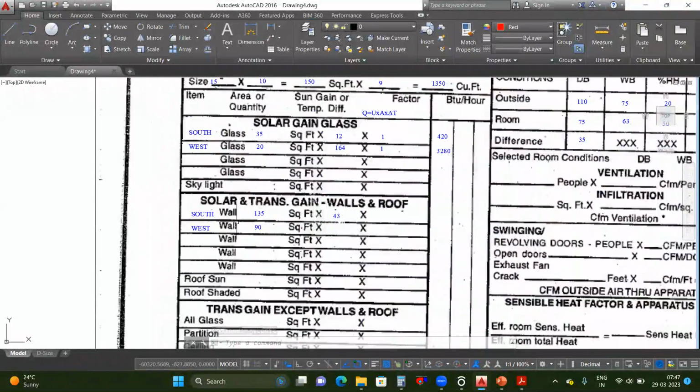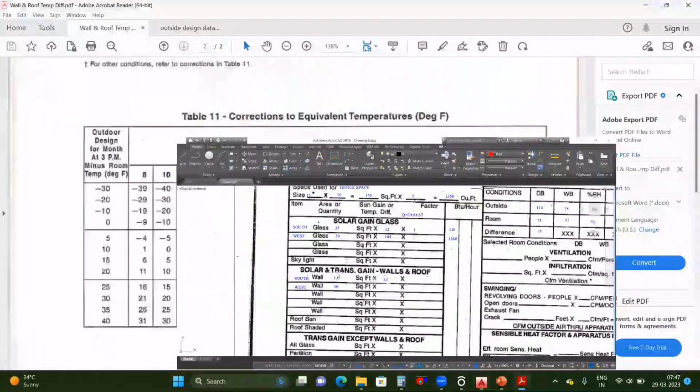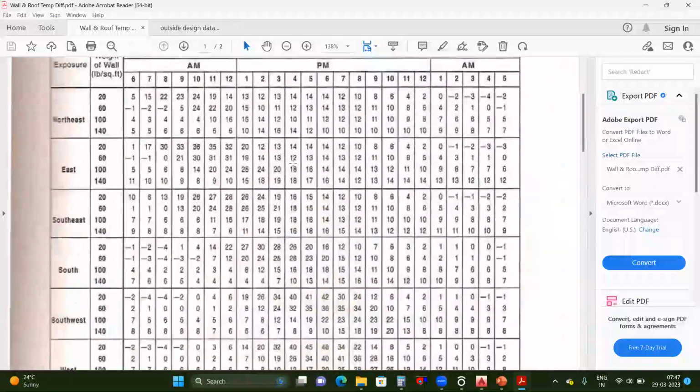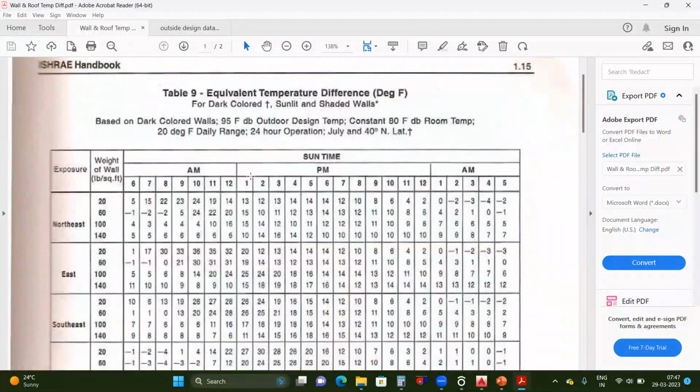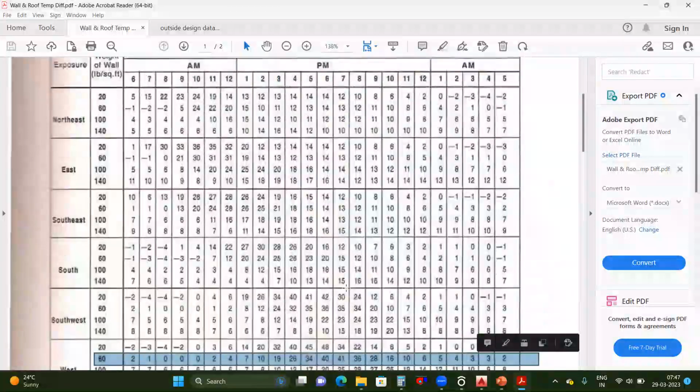First we'll complete this west side delta T selection. Same procedure we need to follow. In this table, table 9, this is the west side. The weight of the wall is the same, 60. And at 4 p.m., that is the same value, 26.